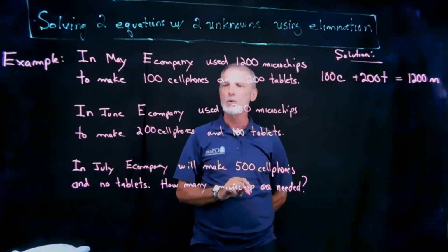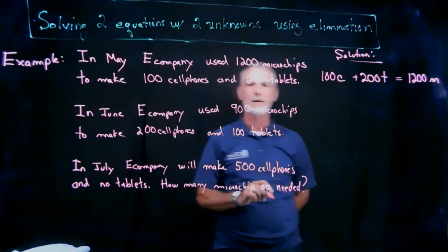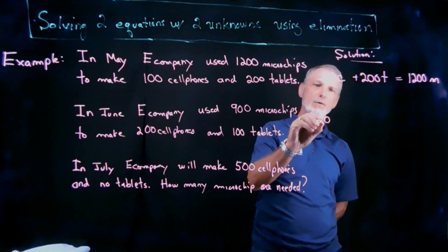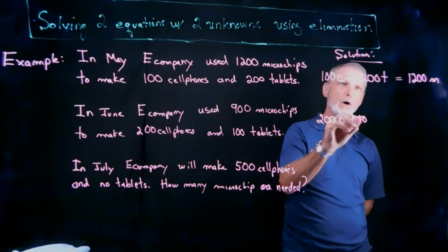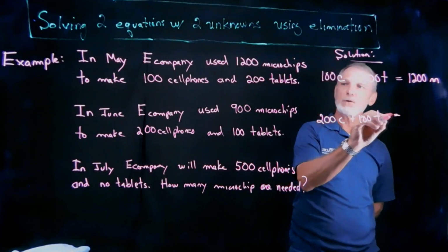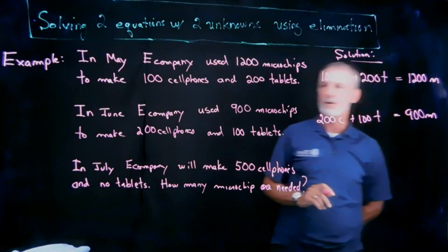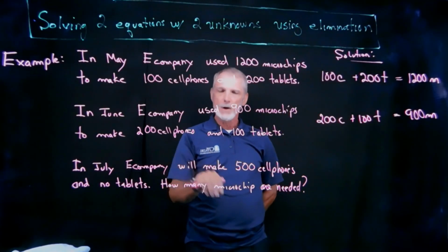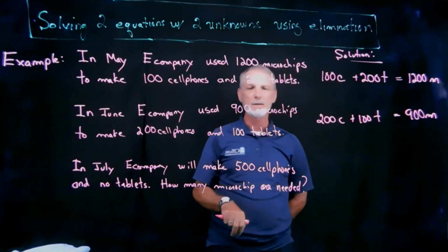In the month of June, we had 200 cell phones and 100 tablets and 900 microchips. So continuing along, we can write this as 200C plus 100T is equal to 900M. So what we want to know is, if we make 500 cell phones, how many chips are we going to need?